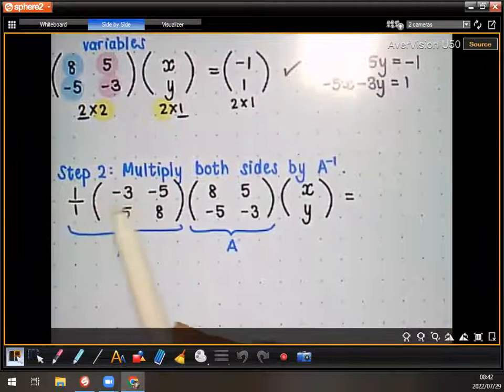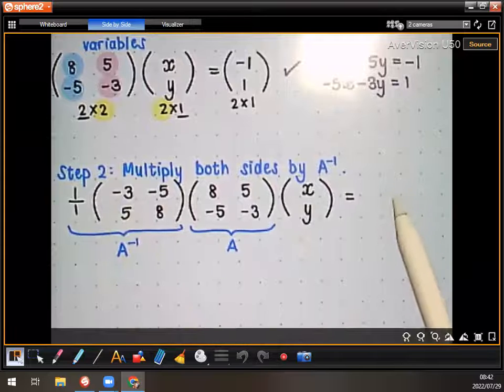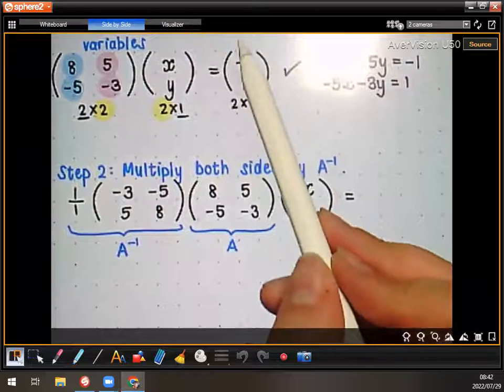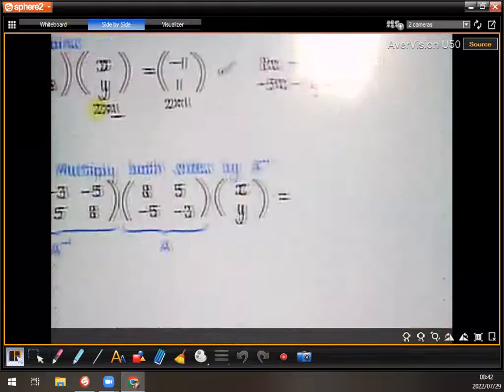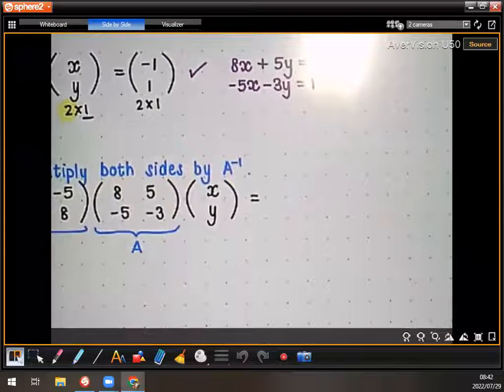So I am also going to put the inverse of A here, and then I'm going to multiply that by the second matrix that we had, which was B. I'll explain to you now why we're writing the inverse first and then the B matrix.